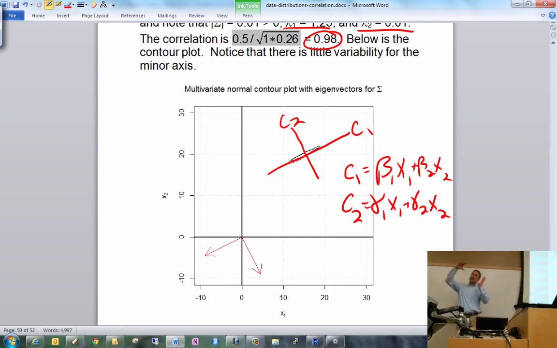So now I can think of my data in this new C1 and C2 coordinate system. If I knew what C1 is, do you think it would be worthwhile to know what C2 is? Is C2 really adding anything to my knowledge about my data in this new coordinate system?